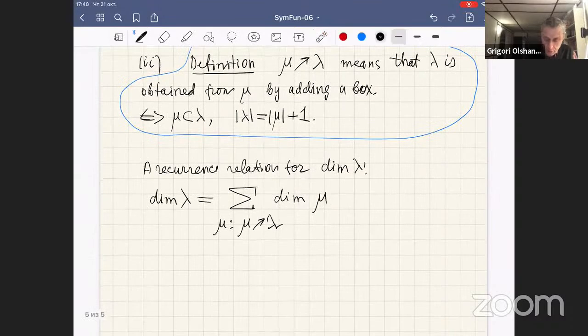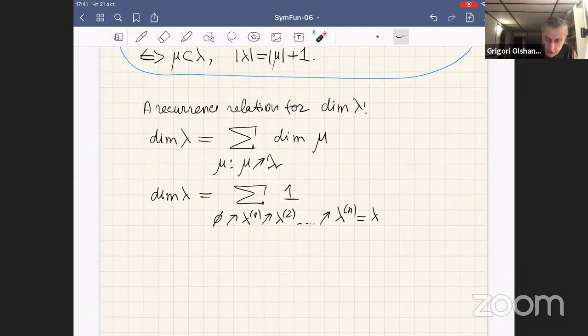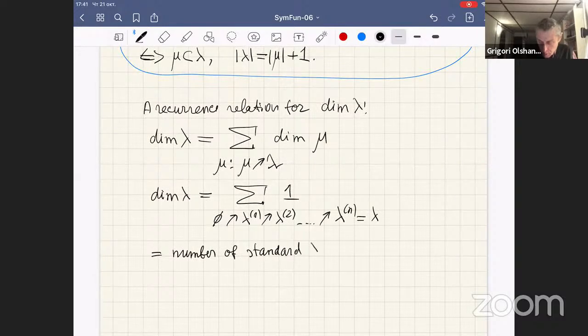So it means that dim lambda is equal to the sum... maybe it's a bad notation, it's just the number of these sequences, and equally well, it is the number of standard Young tableau.